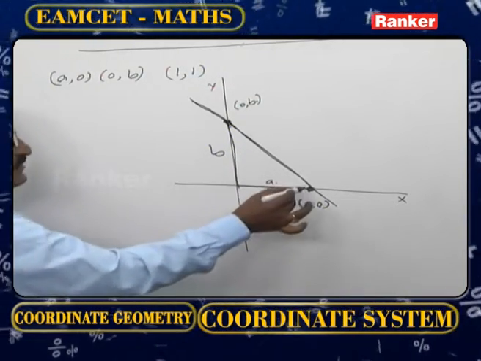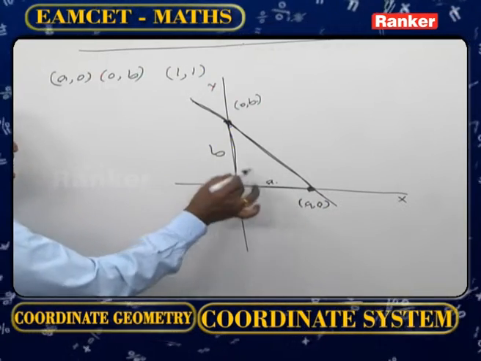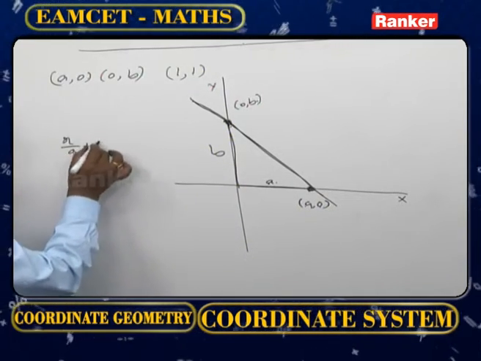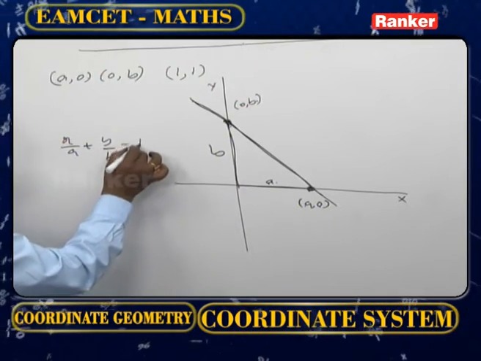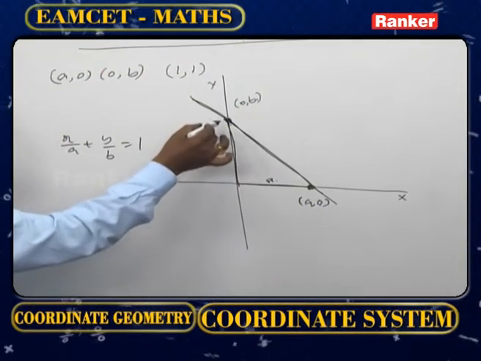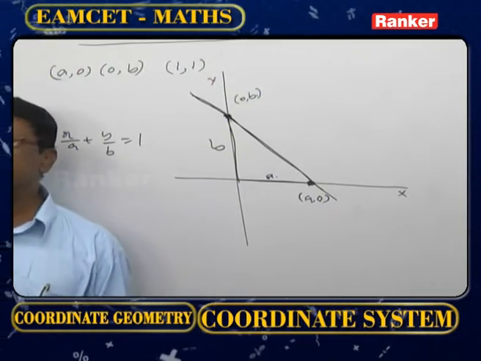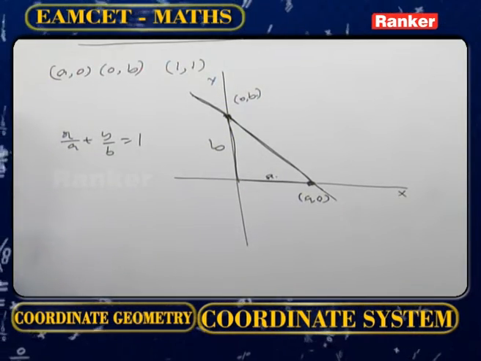Then the equation of the straight line whose x-intercept is A and y-intercept is B is x by A plus y by B equals 1.